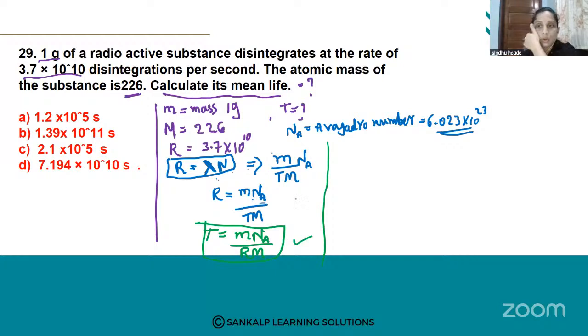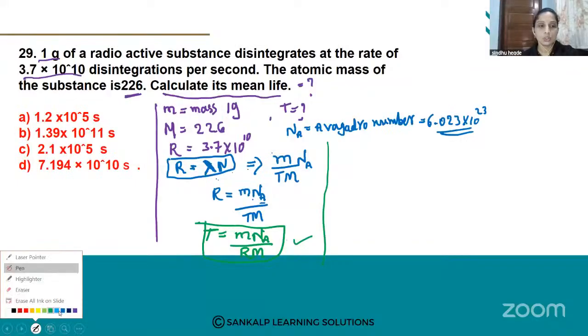If suppose you forgot this formula, then write the rate of disintegration formula, that is R is equal to lambda n, and then finally write T is equal to. Okay, now all values are given. Now substitute and tell the answer. What T value do you get? Substitute all of these and let's see what T value you get.